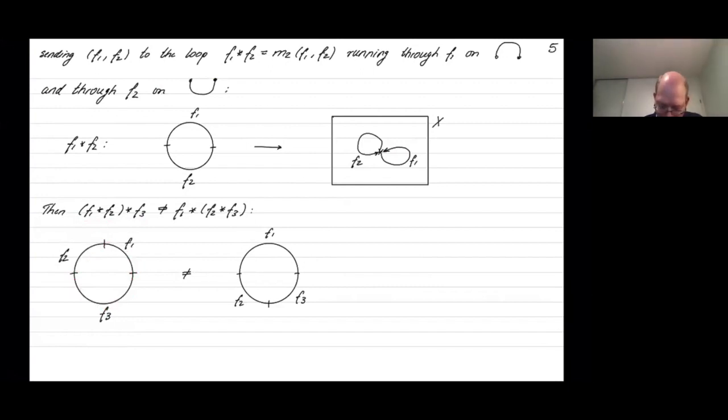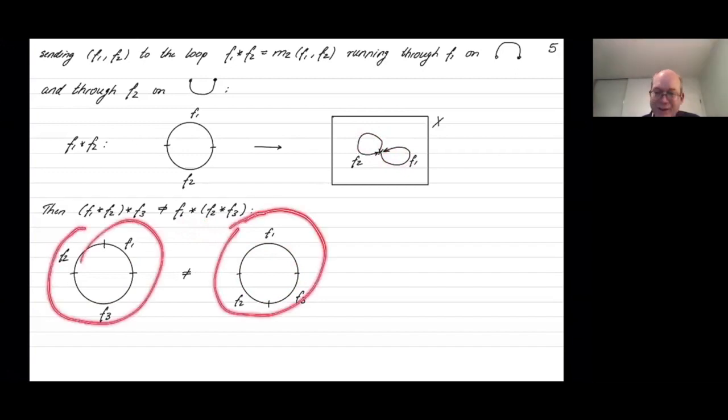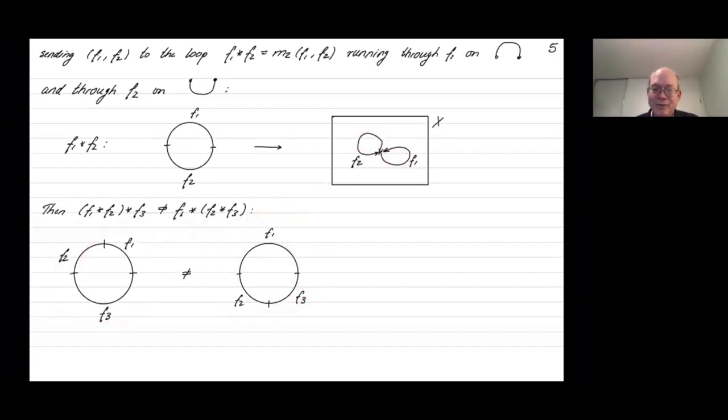Whereas if we first compose f2 with f3 and then compose the result with f1, then we will run through f1 on the upper half of the circle, through f2 on the third quarter, and through f3 on the last quarter of the circle. The images of these two loops are the same, but the parameterizations are different. So they are different in the space of loops.